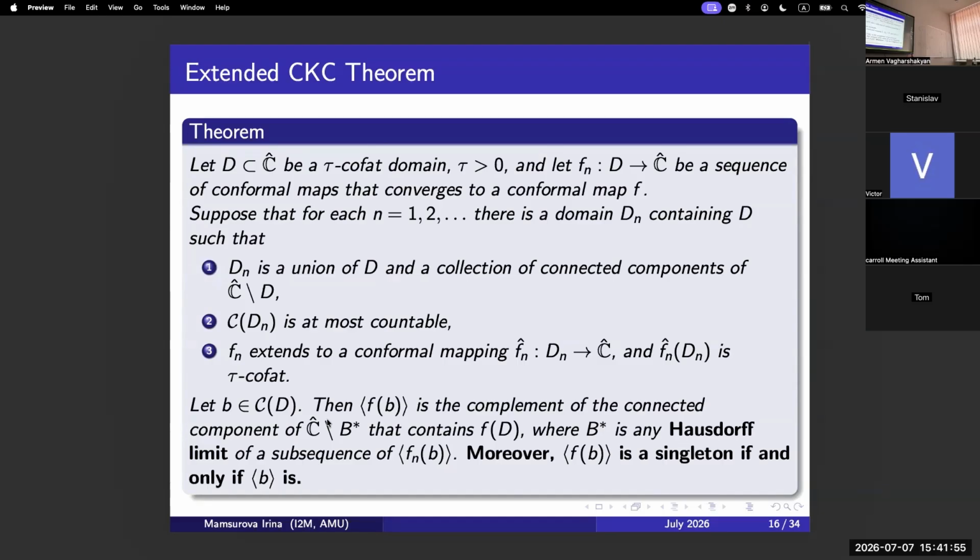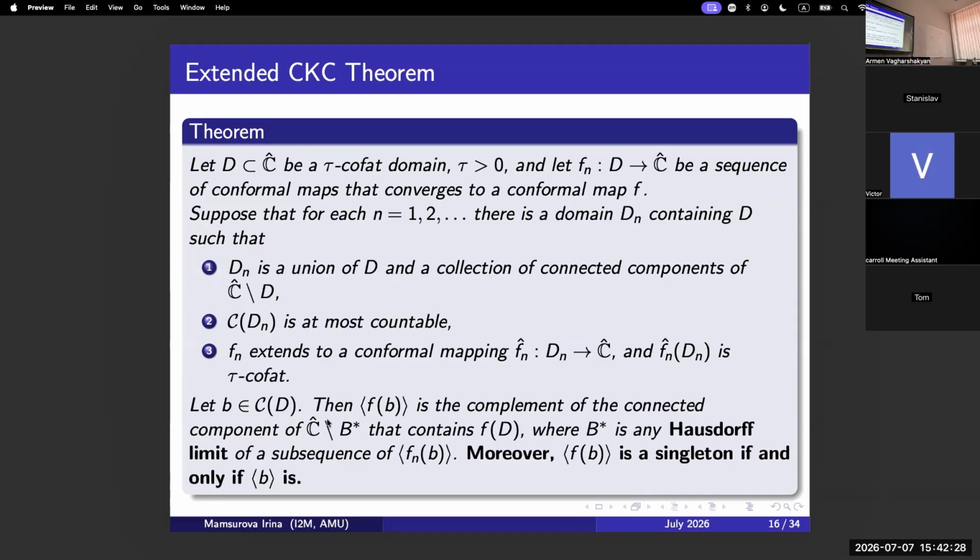If these conditions are satisfied, then we can extend a limit of some subsequence of our original sequence of mappings, and what is important for us is that the limit mapping doesn't do bad things on the complementary components.